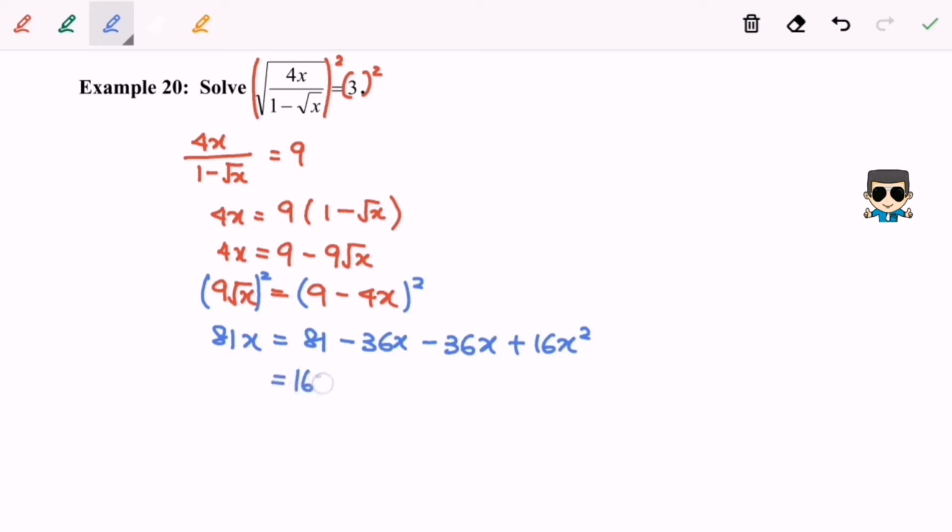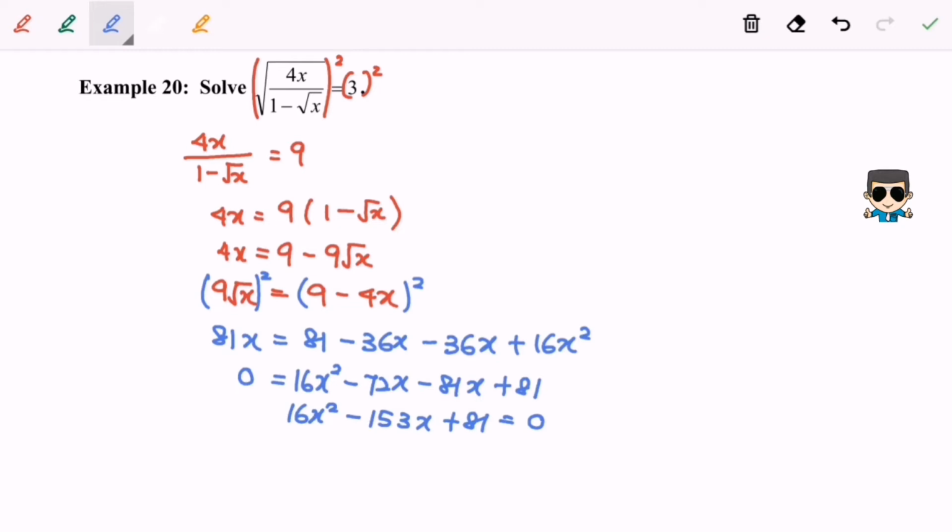So 16x squared minus 72x minus 81x plus 81 is equal to 0. So finally, 16x squared minus 153x plus 81 is equal to 0. And we will have a quadratic equation.